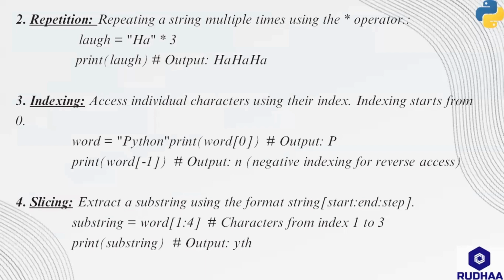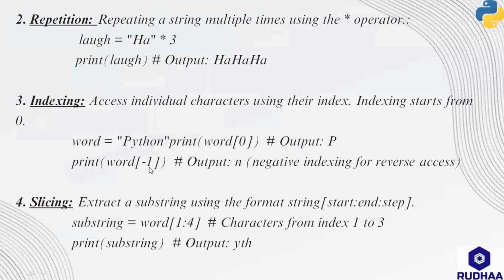Python is a string stored in a variable called word. Print word of 0 will print the letter present at index position 0. Here P is the letter, so the output will be P.